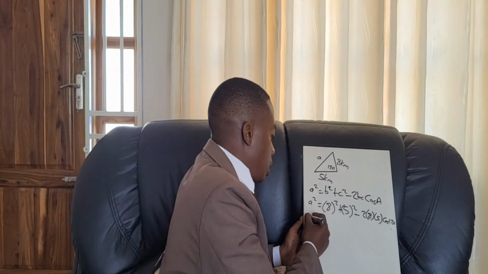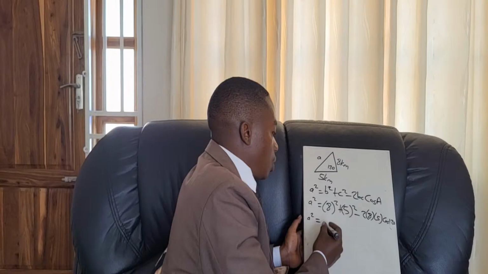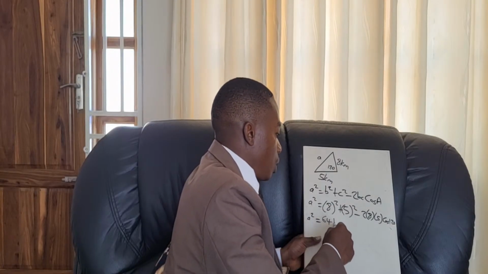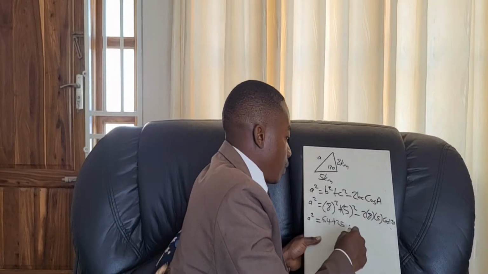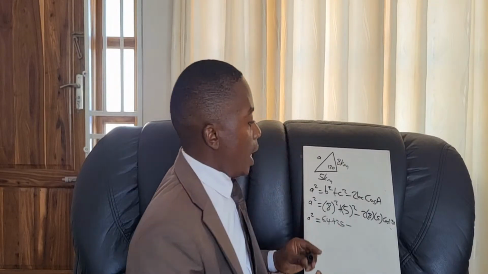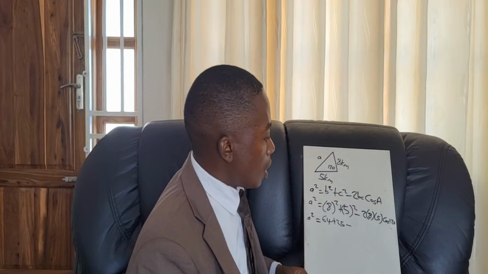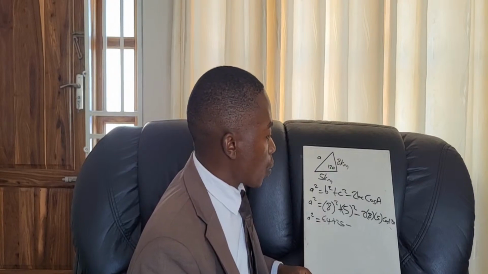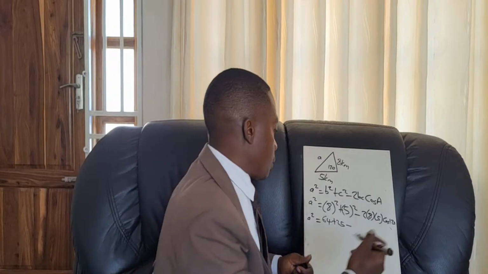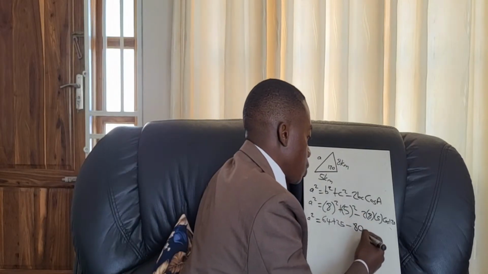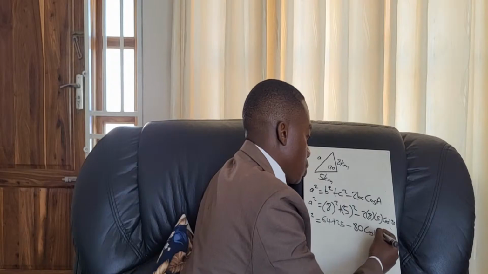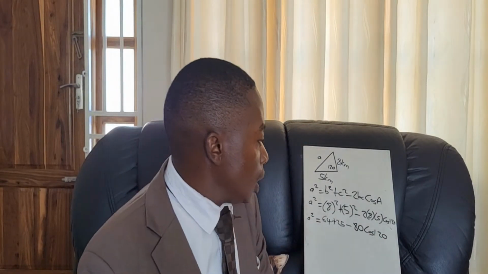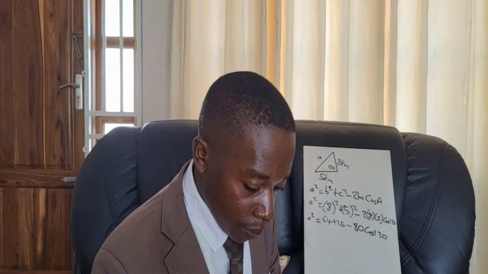So a squared equals 64 plus 25 minus 8 times 2 times 5, that's 80. You can calculate it and tell me the answer that cos 120 gives.